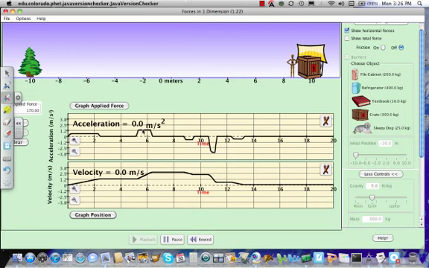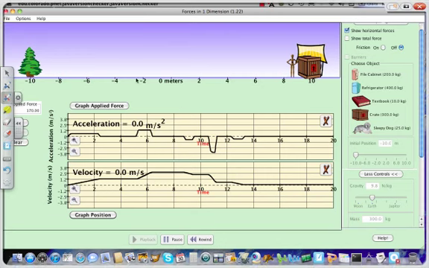So here it was positive. Here it was negative. And that corresponds to the slope of the speed graph being positive, or the slope of the speed graph being negative. Because acceleration is just changing speed.